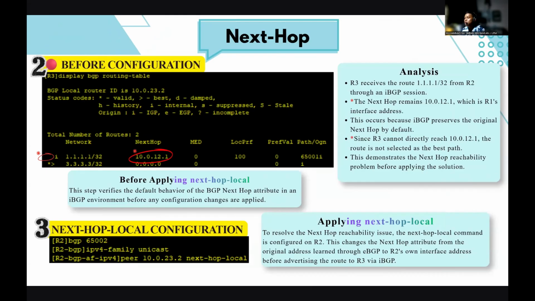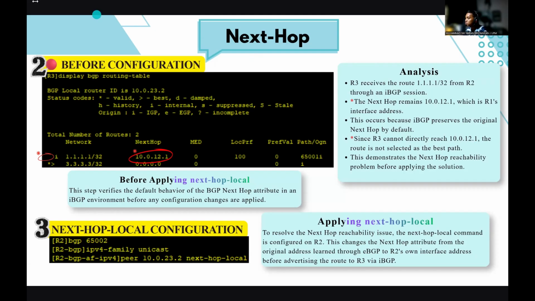Okay, so before we configure the next-hop-local configuration, when we display the BGP routing table, R3 received the route 1.1.1.1 from R2 through an iBGP session, because they have the same autonomous system. So that is internal BGP. The next hop still remains 10.0.12.1, which is R1's interface address.